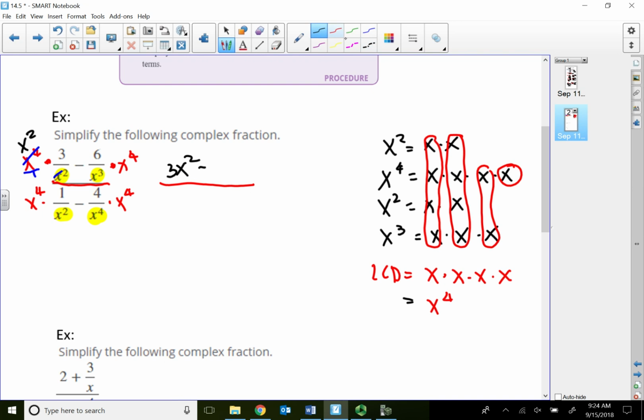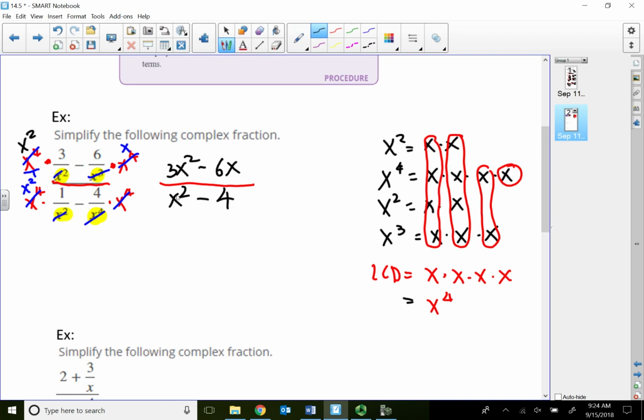Minus, 4x on top, 3x in the bottom. When they cancel out, that leaves me with just x to the first power on top. So 6 times x is 6x over, 4x on top, 2x in the bottom canceled out. That should leave me with x squared on top. x squared times 1 is x squared, minus this 2x to the fourth canceled out. That would just be minus 4.